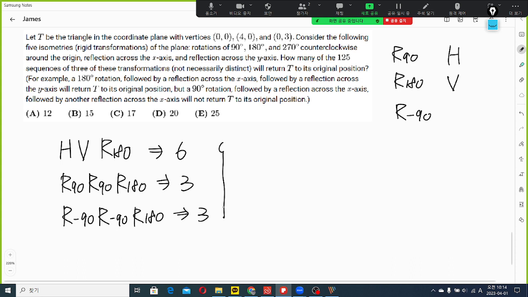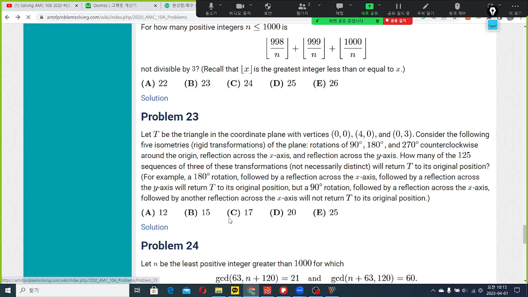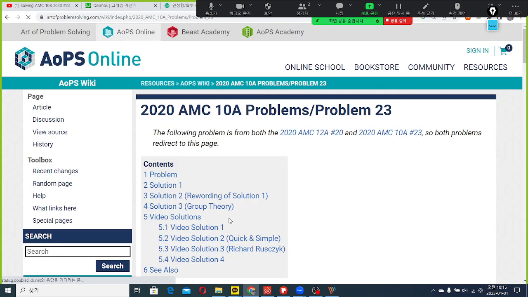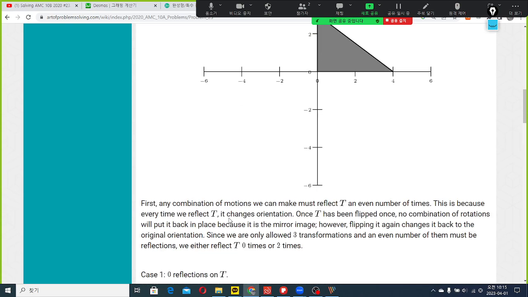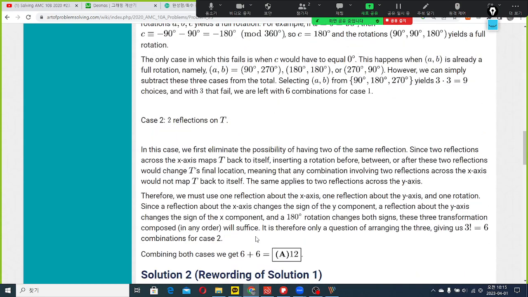So what's the total number of cases? Can you find the sum of these 3 numbers from the options? Yes, 12. Yep, there are 12 cases.